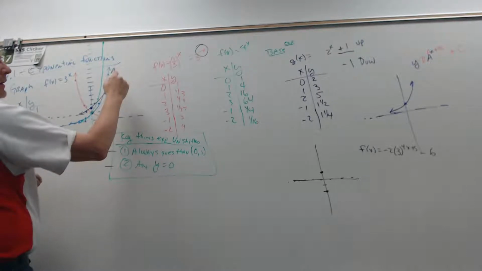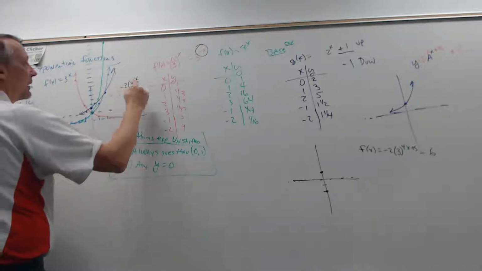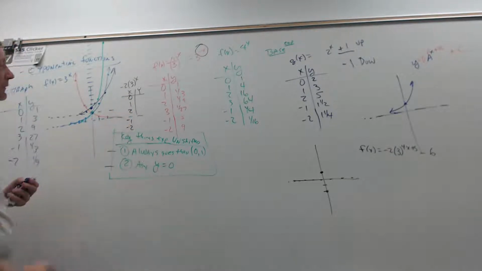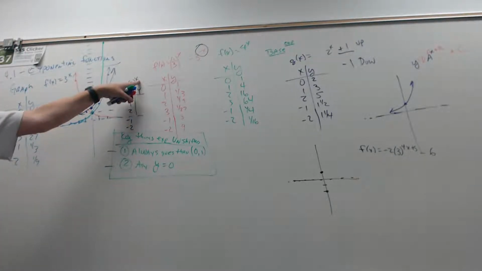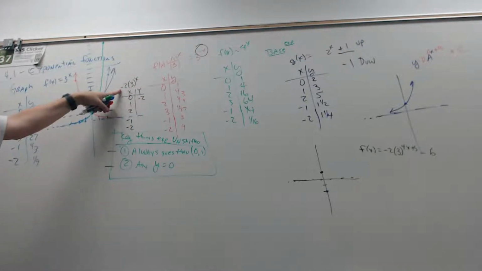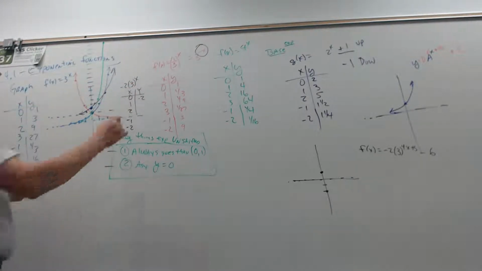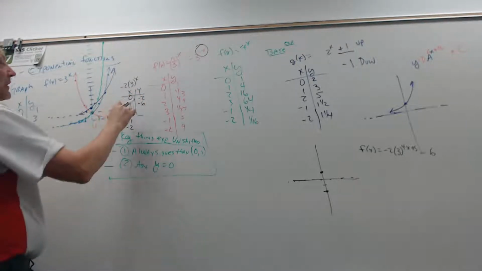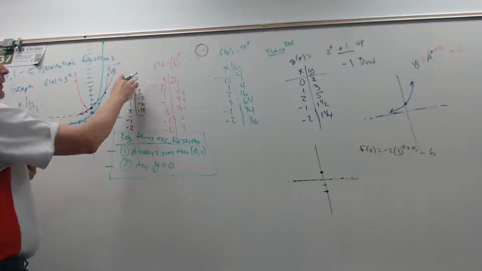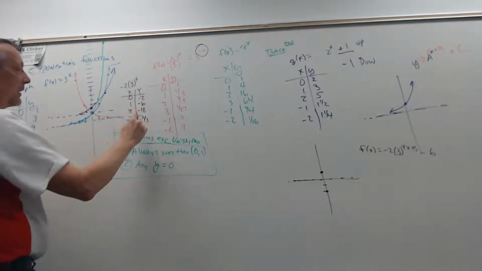We're going to go -2 times 3 to the x power. x, y: 0, 1, 2, -1, -2. 3 to the 0 power is 1, and 1 times -2 is -2. 3 to the first power is 3 times -2, which is -6. 3 squared is 9, times -2 is -18. 3 to the -1 is 1/3, that becomes -2/3. 3 to the -2 is 1/9, so -2/9.